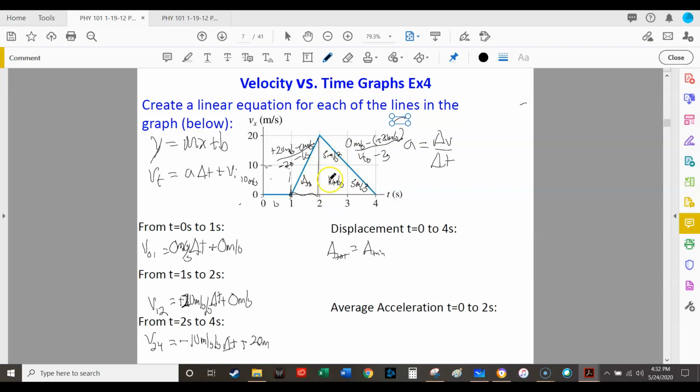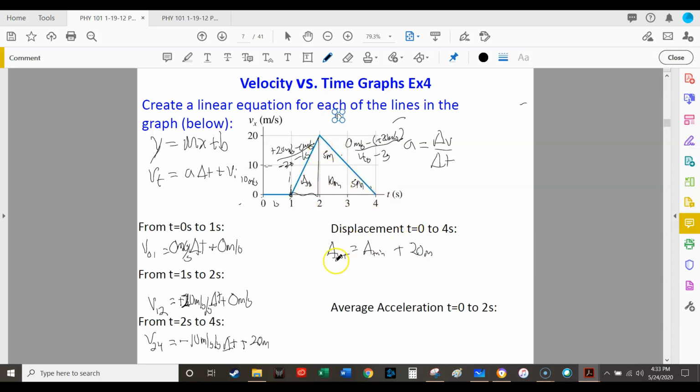If each block is 10 meters per second, and this is half that other block and half that, that's going to be 10 plus 5 plus 5. So the displacement here is going to be 10 meters. I don't know why I put the seconds in this. This displacement is going to be 10 meters plus 5 meters plus 5 meters. So this is going to be a total of 20 meters. The block is 10 meters, and half a block and half a block, 5 meters and 5 meters.